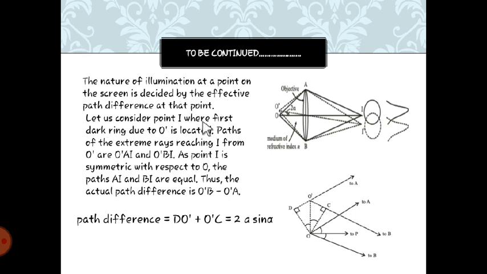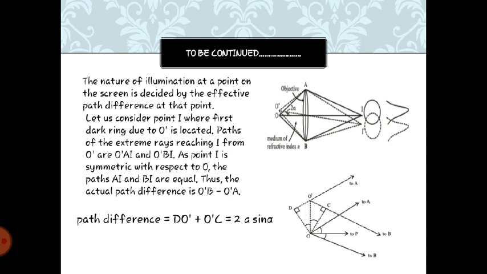So let us consider I, where the first dark ring due to O dash is located. We are going to consider I as the point where the first dark ring is formed. What will be the path of the extreme rays reaching I from O dash?